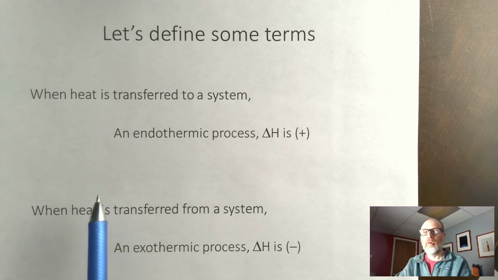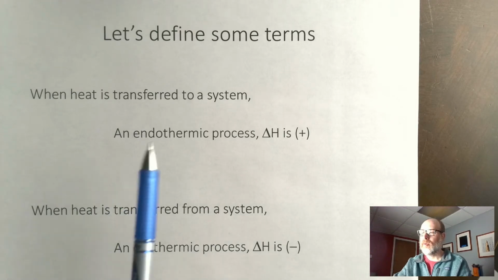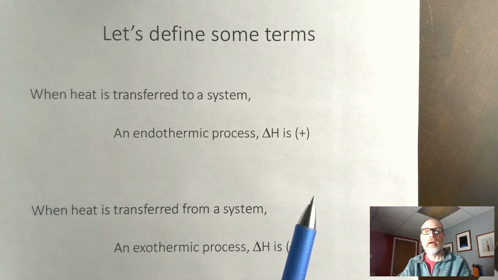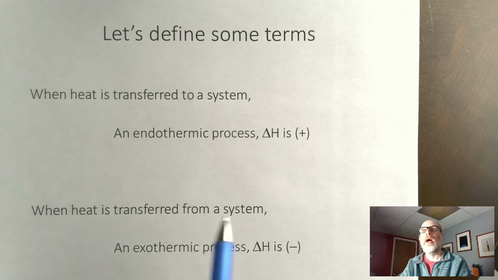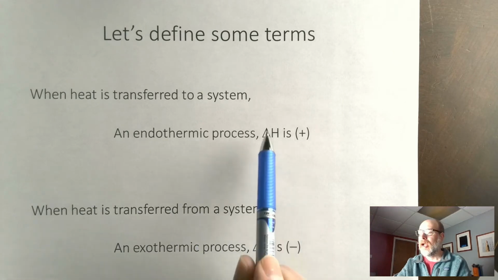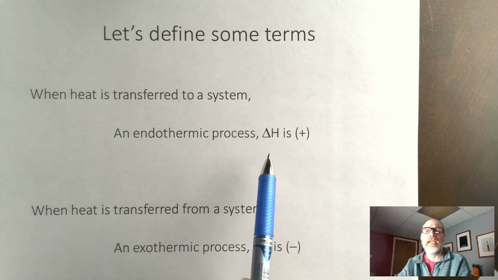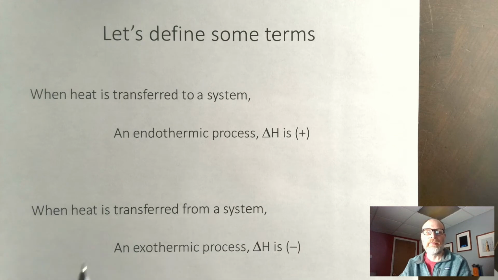So just as a reminder, an endothermic process is one where energy is required by the reactants to be able to produce the products, and the sign of the enthalpy change, or what we refer to as the heat change, is positive in that case.